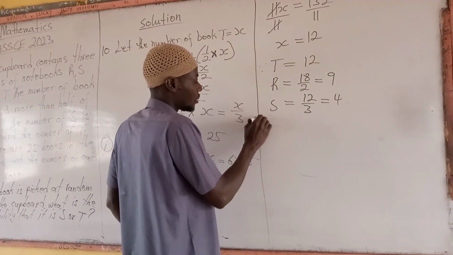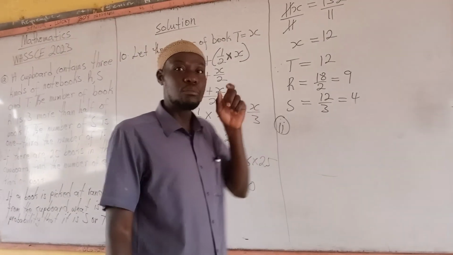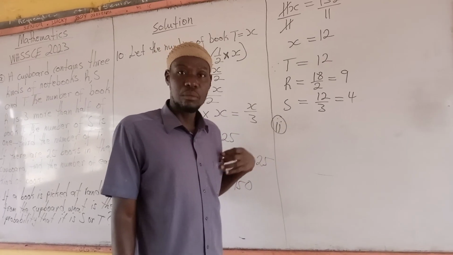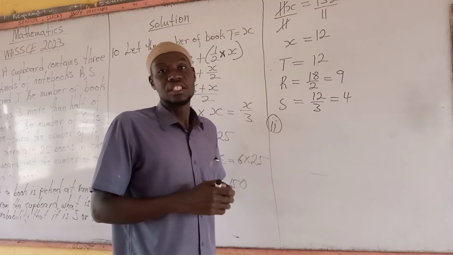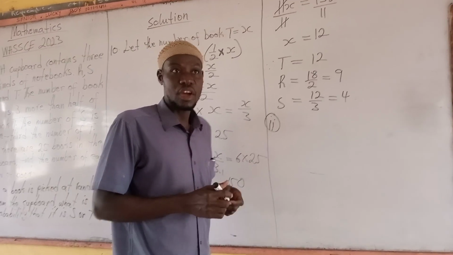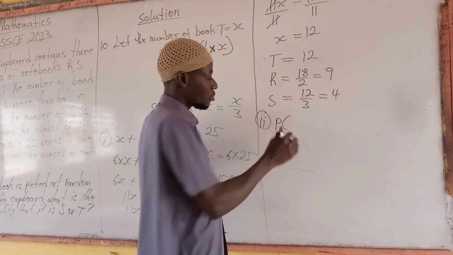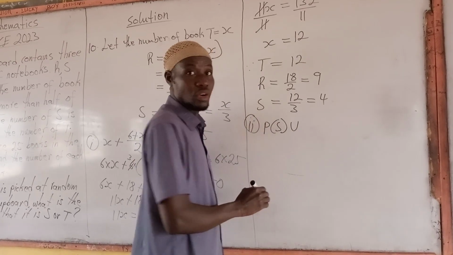Then Roman number 2. The question continues and says that if a book is picked at random from the cupboard, we should find the probability that the book picked is T or S, or S or T. So the probability of the book picked from the cupboard being S or T, where 'or' means union.